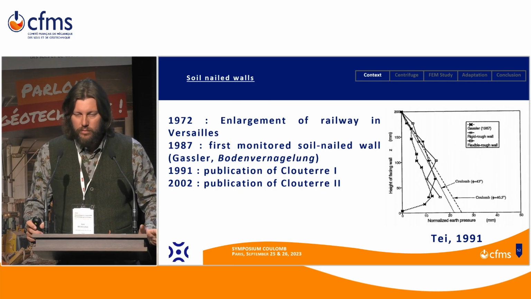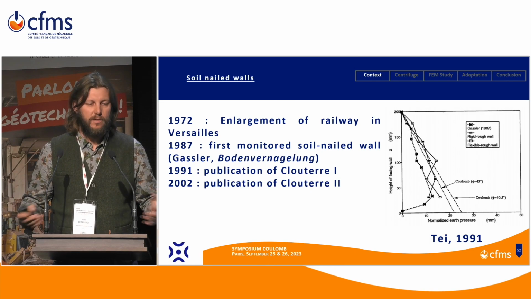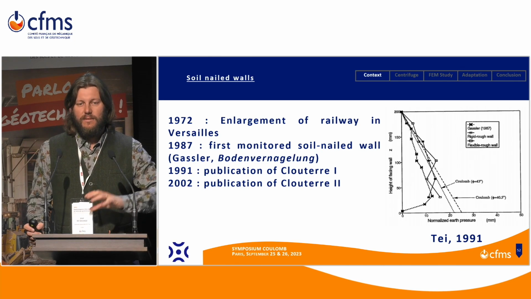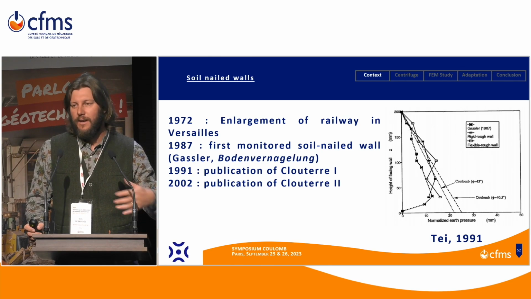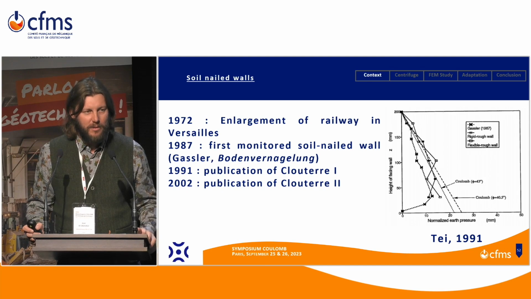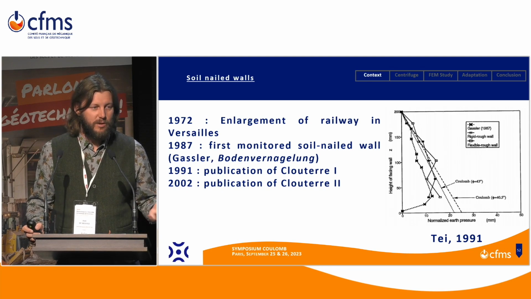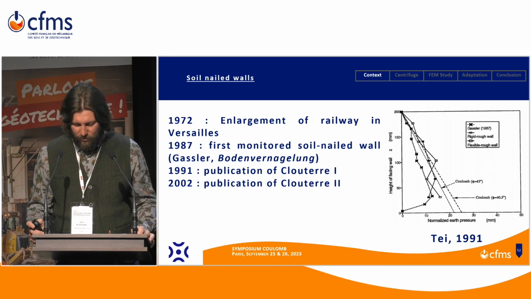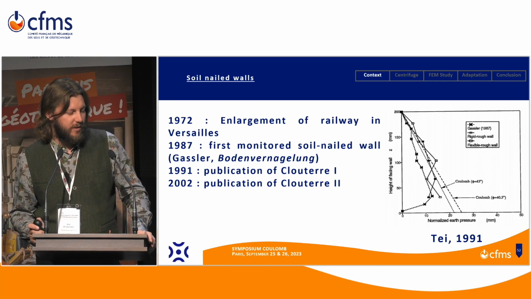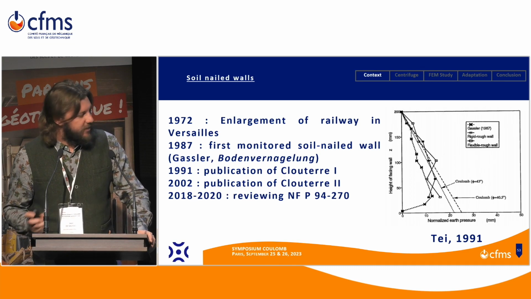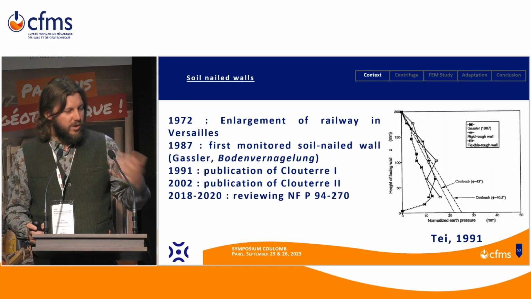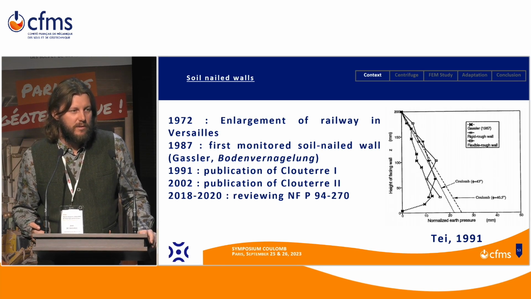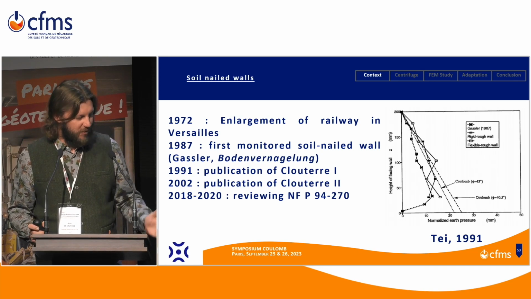In 2002, there was a second project, Clouterre 2, which was published because Clouterre 1 left some unresolved problems, and among them, especially, was the design of the facing. So it has always been a quite difficult point about soil nailing. And the question of designing soil nail walls is still relevant today and still an actual problem, let's say.